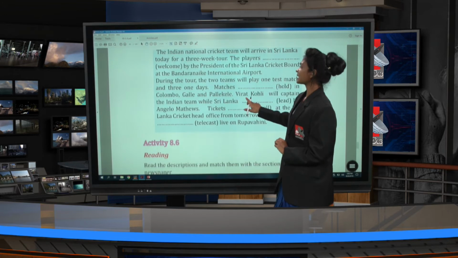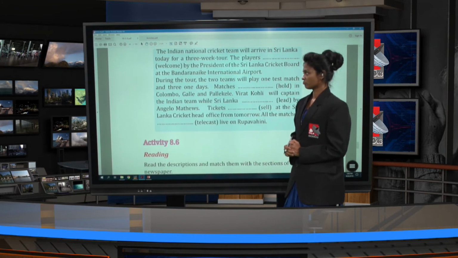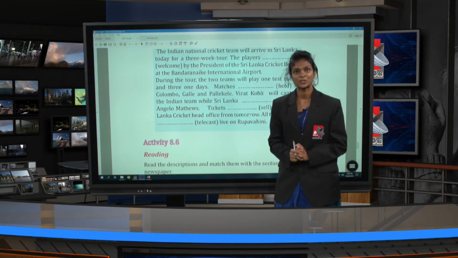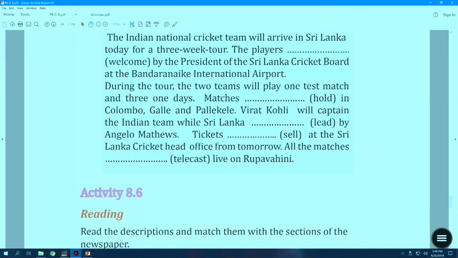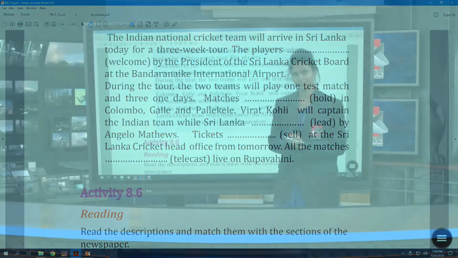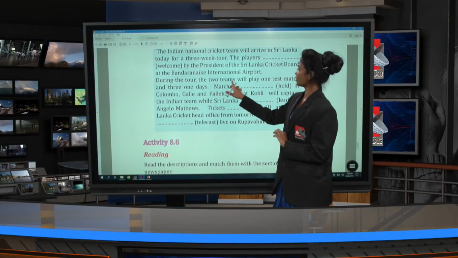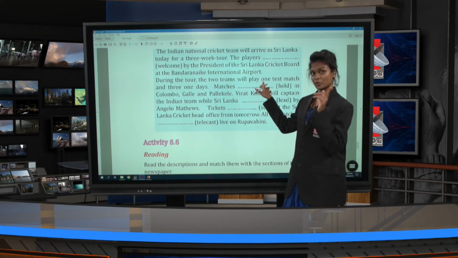Then, during the tour, what is going to happen? During the tour, the two teams will play 1 test match and 3 one-days. Who are the two teams? Sri Lankan team and the Indian national cricket team. Those two teams will play in future.